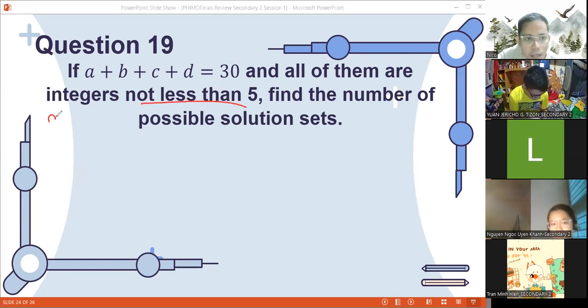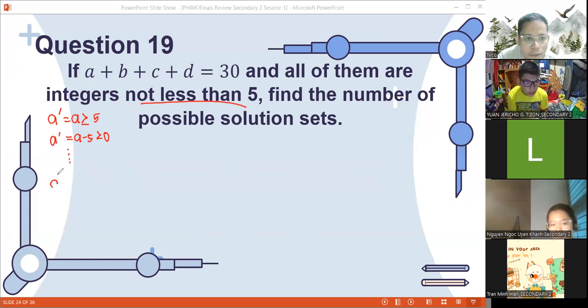So meaning if you have A here, let's say we use A prime, where A is greater than or equal to 5. So we have here A minus 5 is greater than or equal to 0, right?